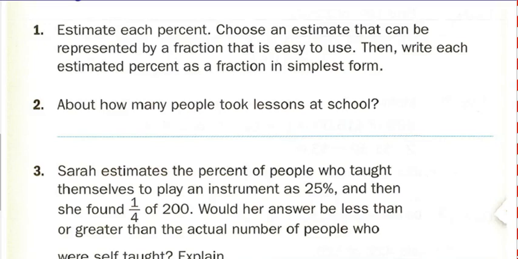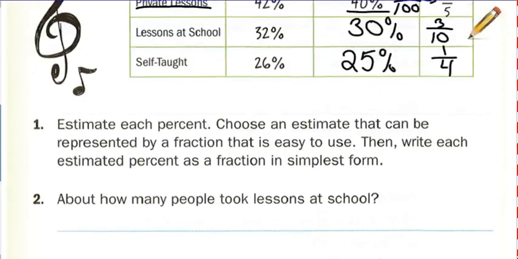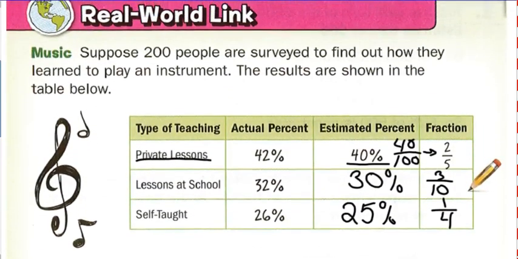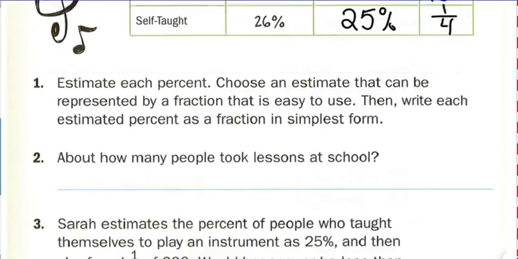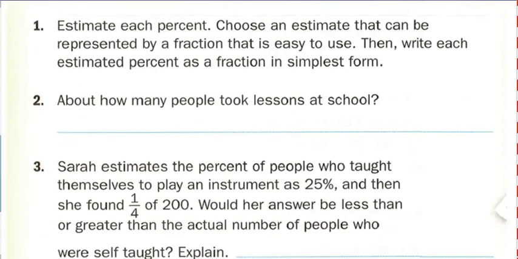Number 2 says about how many people took lessons at school. Well, if we look up here, there were 32% of people who took lessons at school. We said we can round that to about 30%, which is 3 out of 10. Well, remember in the original problem, it says suppose 200 people are surveyed. So that means 3/10 of that 200.